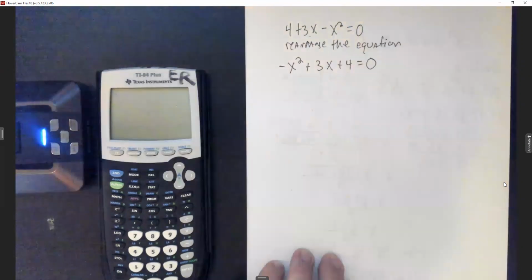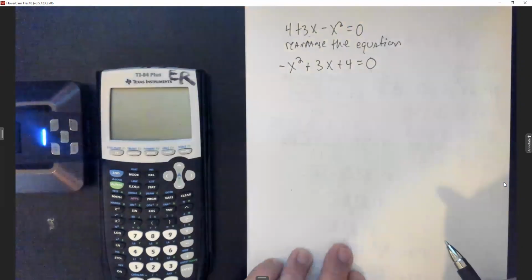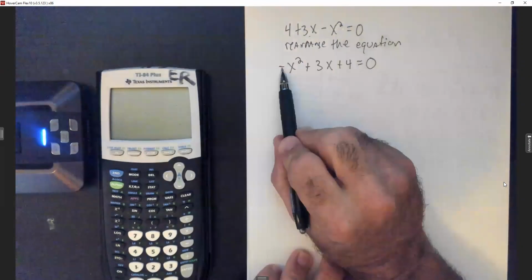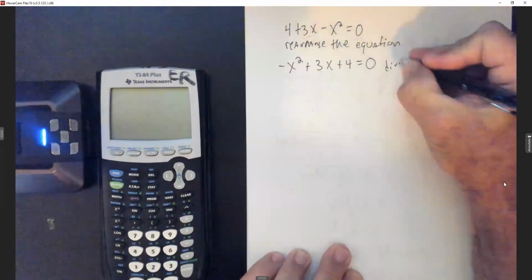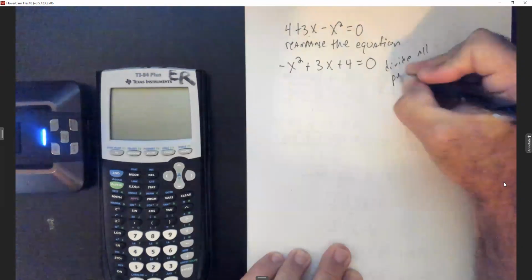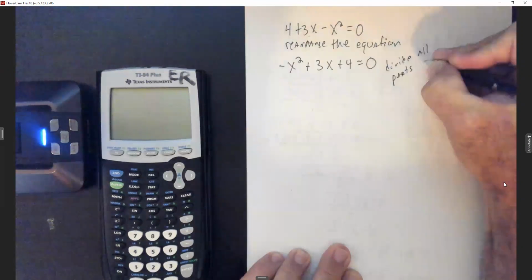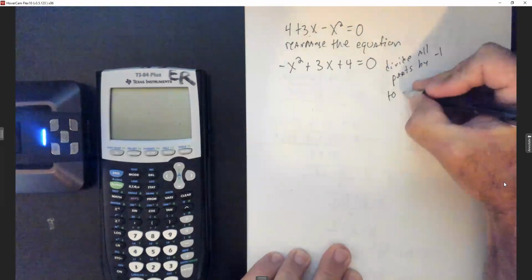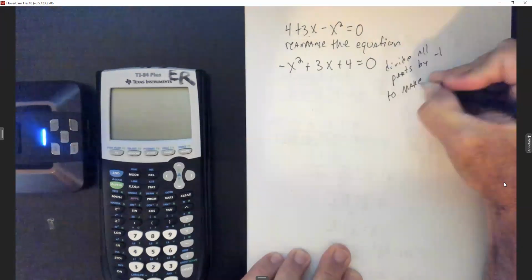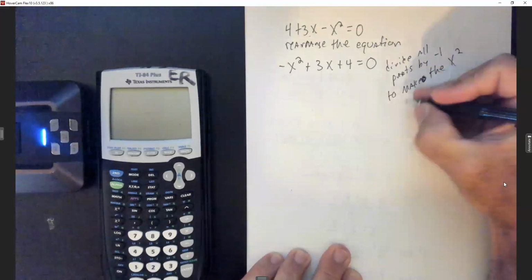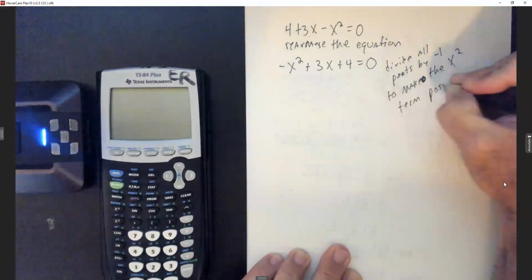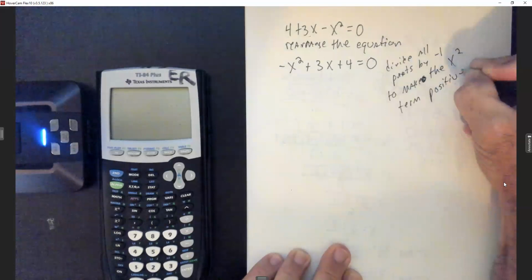And y'all, tell you something else I don't like. I don't like my leading term, my x squared term, being negative. So I'm going to divide all parts by -1 to make the x squared term positive. But watch this.